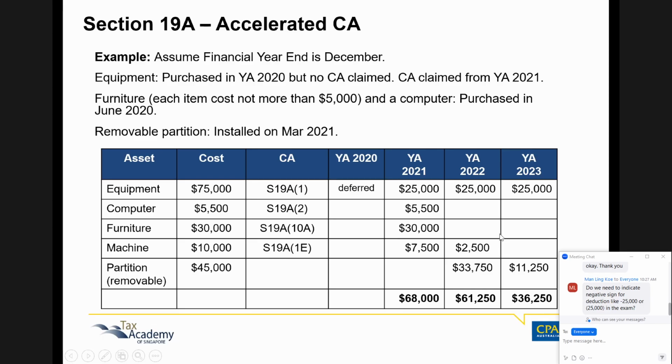So in this case, for YA 2022, the CA claim is $61,250. This is something like the 14N that we have looked at previously, right? You also have to look at previous years, whether there are any values carried forward or not. That is accelerated CA.